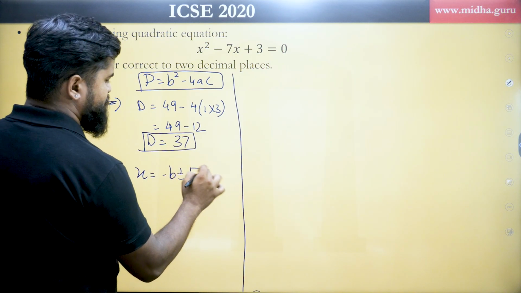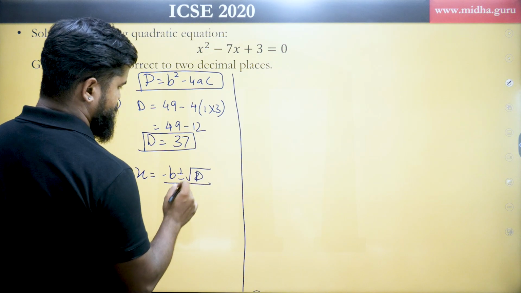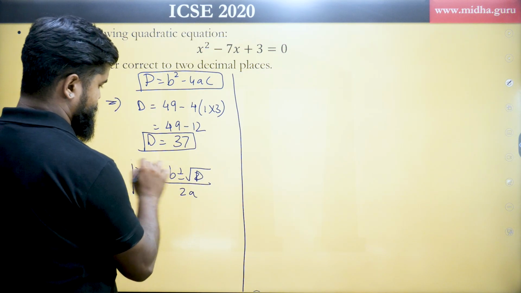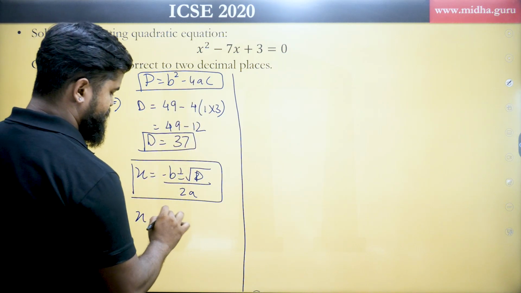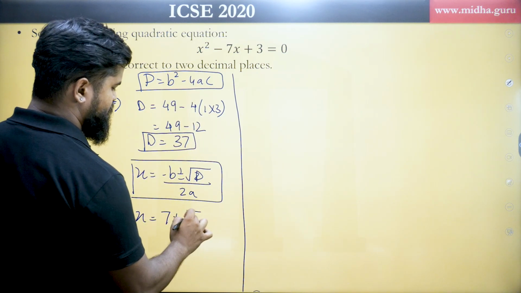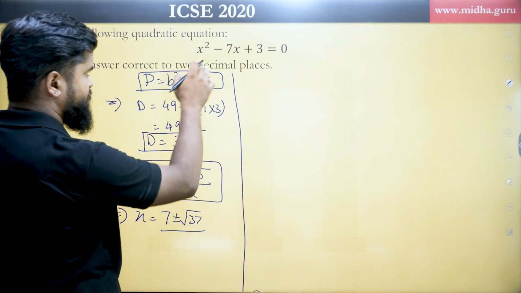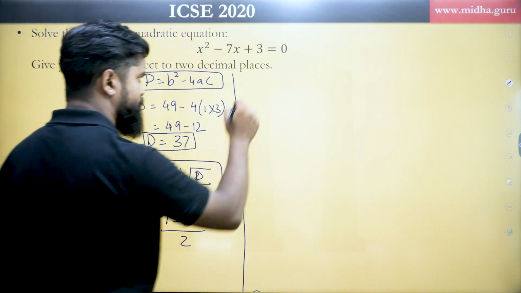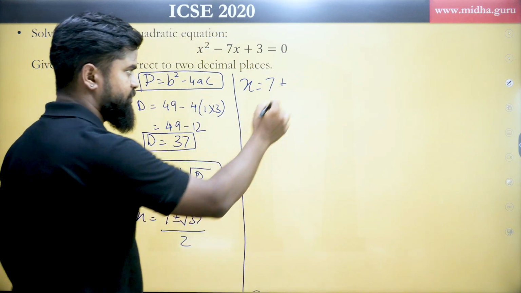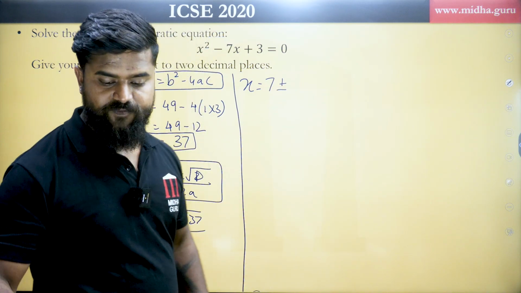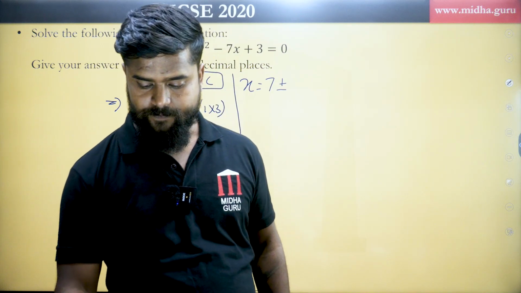Now x is equal to minus b plus or minus the root of this discriminant divided by twice of a. So x is equal to minus of b, which will become plus 7, plus or minus the root of 37 by twice of a being 1 divided by 2. Again, for the root of 37, I go back to my square root tables.